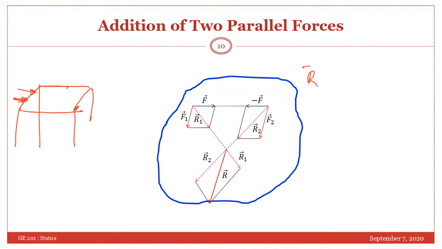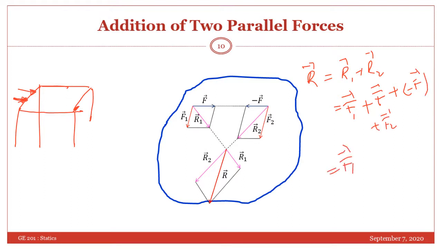How? You see vector R equals vector R1 plus vector R2. And vector R1 is nothing but this plus this, vector F1 plus vector F. And vector R2 will be vector minus F plus vector F2. So you will get vector F1 plus vector F minus vector F plus F2.